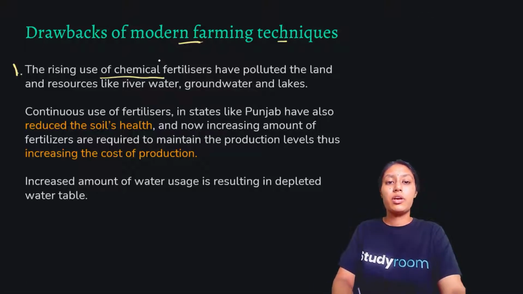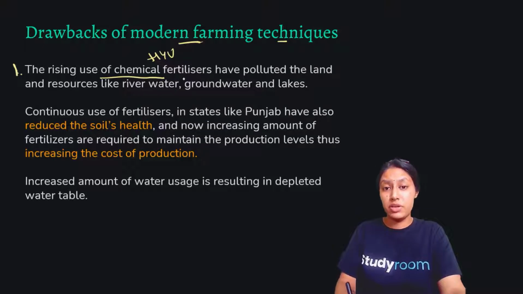Growing HYV seeds required chemical fertilizers, which pollute land and other resources like water, groundwater, and lakes. So using chemical fertilizers, we have invited pollutants into our natural resources. This was the first point.